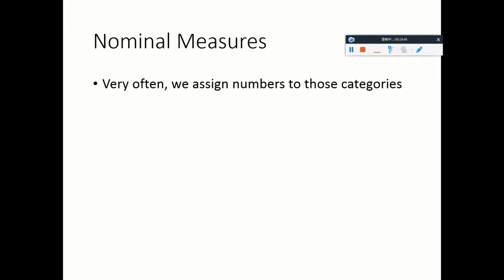So in survey research, and later on that will be something that you will do as well, is to assign numbers to the categories that we make people choose, right? So for example, when we measure a person's biological sex, we'll say, well, we are going to use 0 to represent male and 1 to represent female, or use any other number, right?